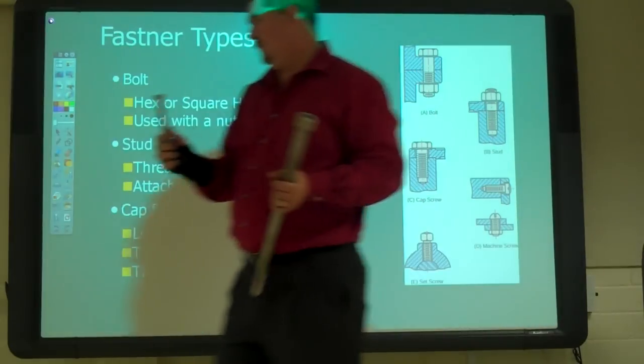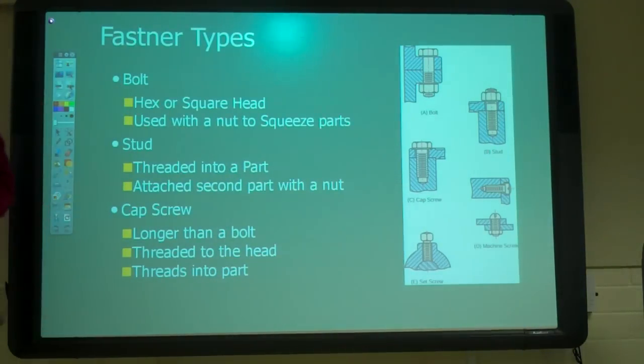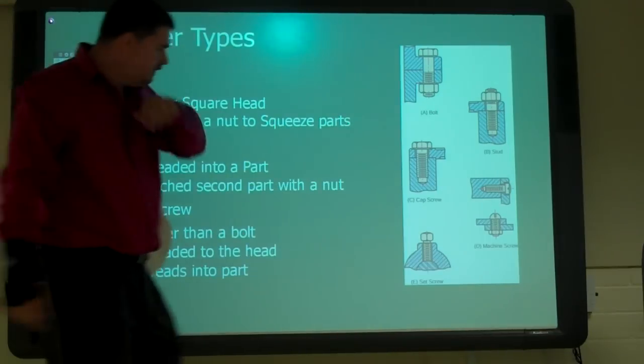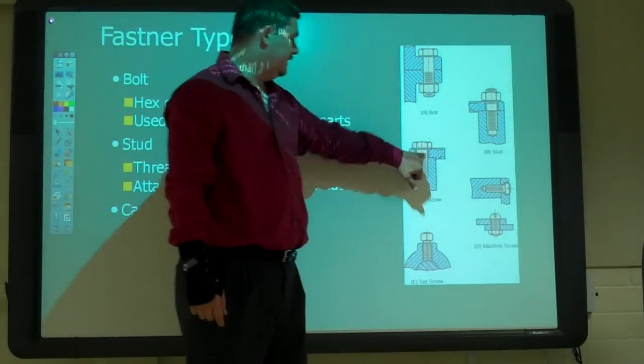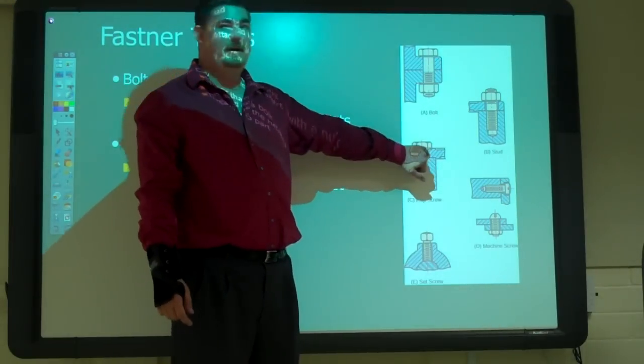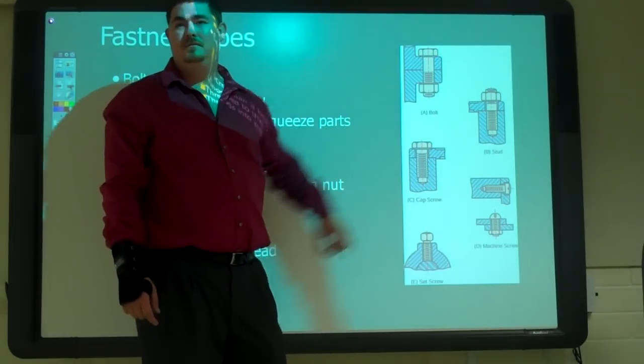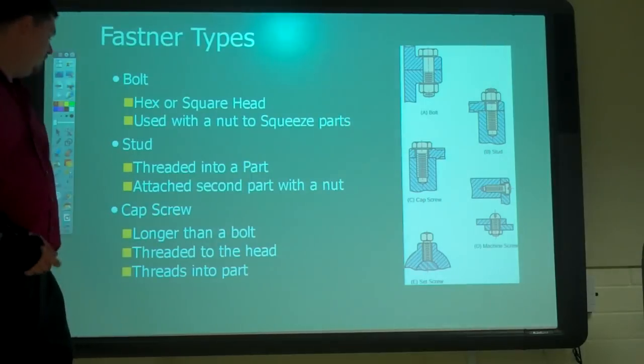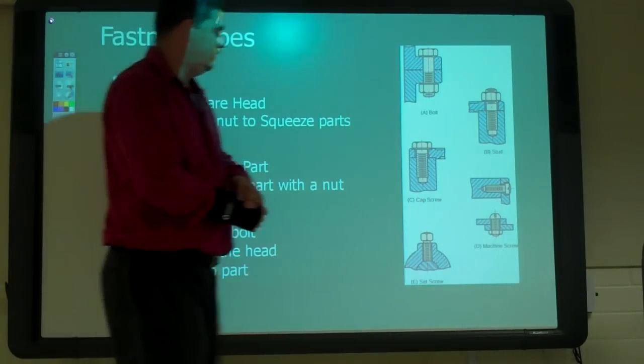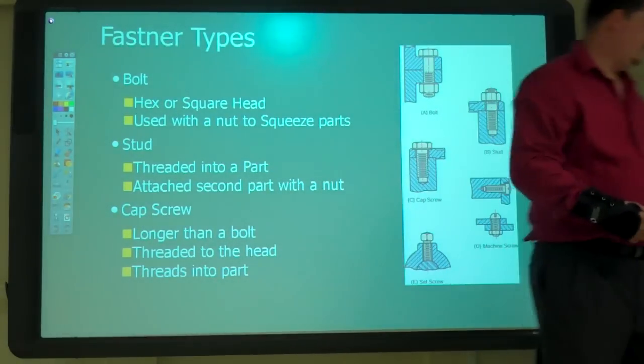But also, the main thing on a bolt is it's got this big space where there are no threads, whereas a cap screw is usually threaded all the way up. Yeah, but doesn't it have a different kind of bottom? It could, but not necessarily.